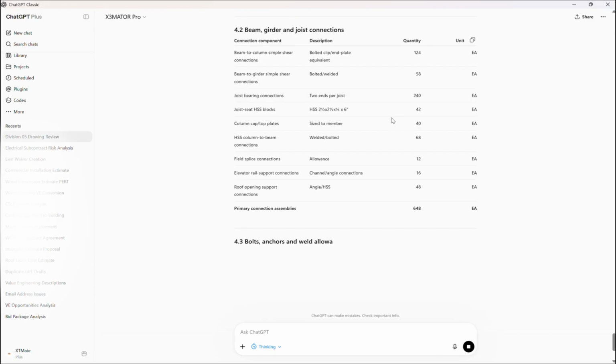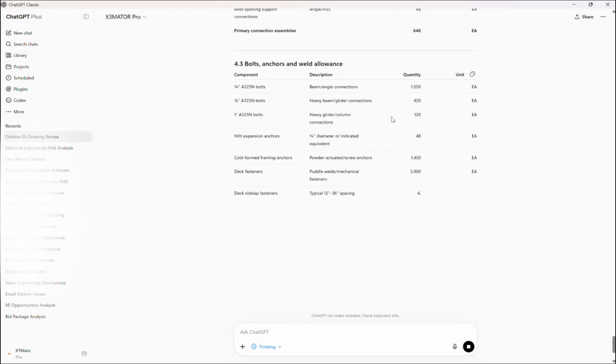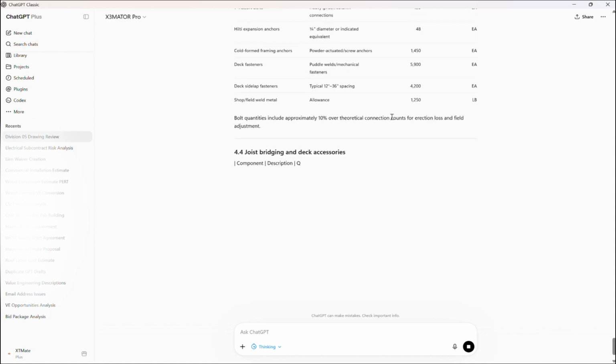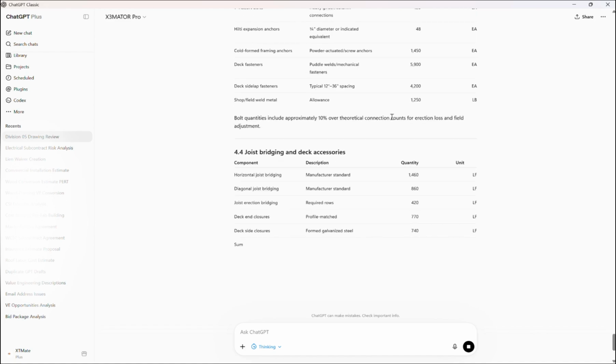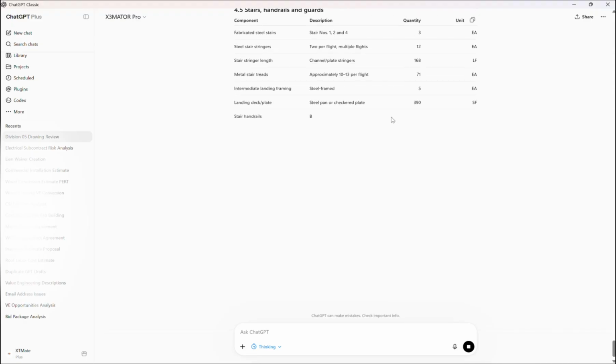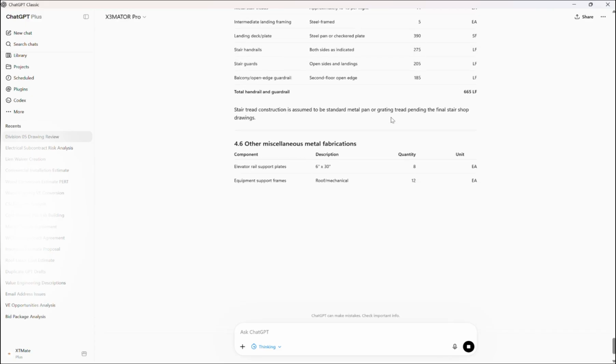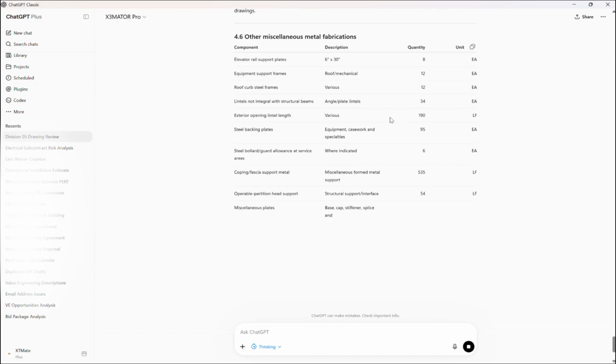And the deck systems: second floor deck, roof deck, edge closures, door stops, support angles, and framed openings, stairs, handrail, and guards, base plates, anchor bolts. It even flags the existing steel at the elevator that needs field verification.